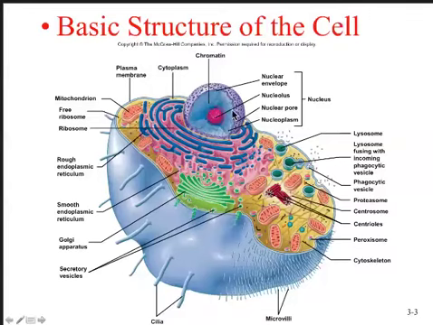The nucleus is surrounded by a phospholipid bilayer membrane which contains nuclear pores which allow certain substances to get in and out of the nucleus.